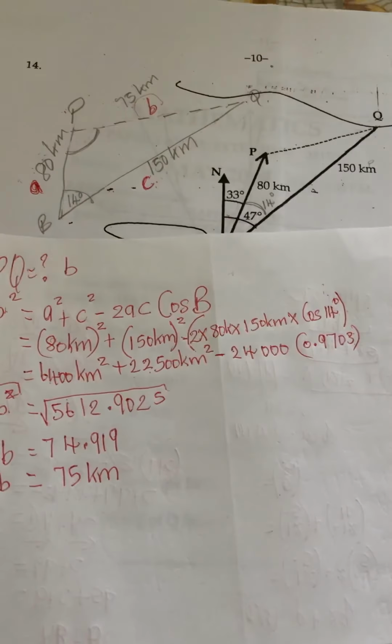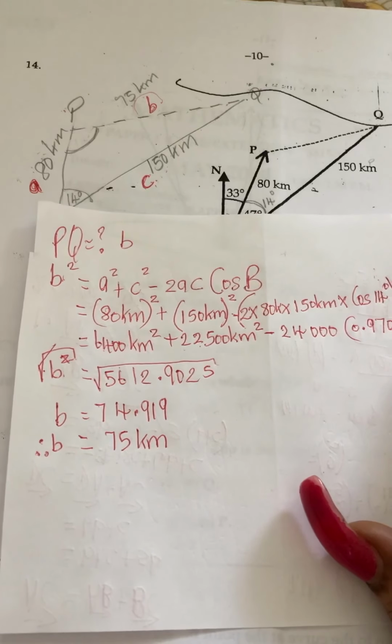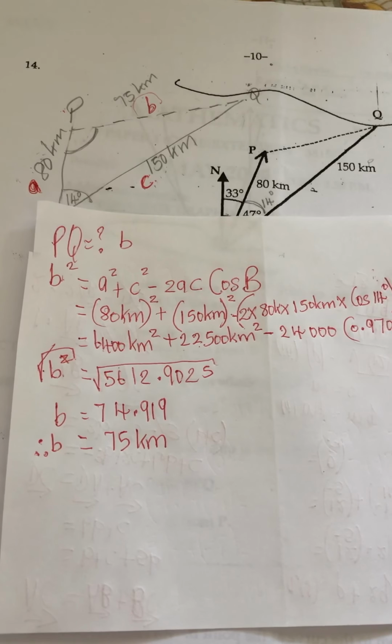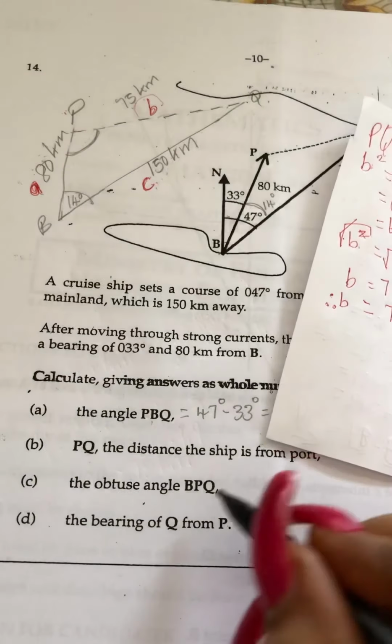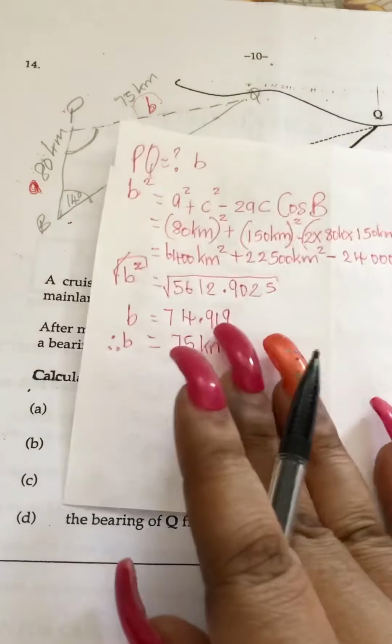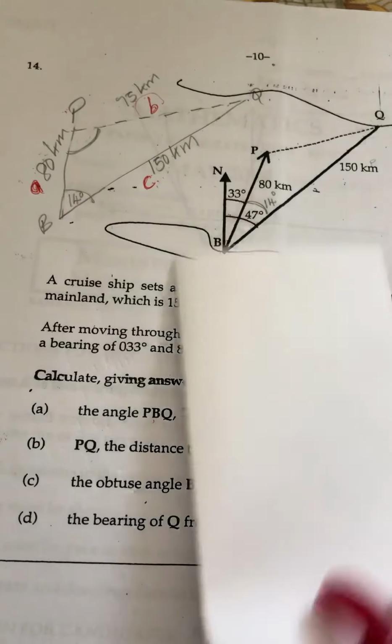Our little b is now 75 km, right? And we want to find angle P because it says to us BPQ. Angle P. Let me get another sheet of paper.